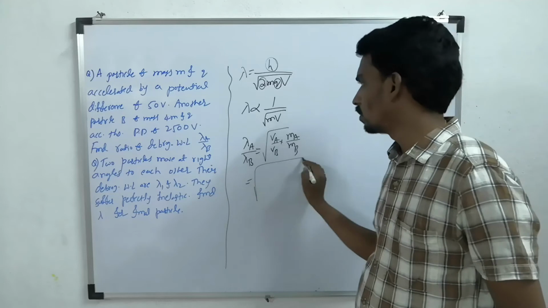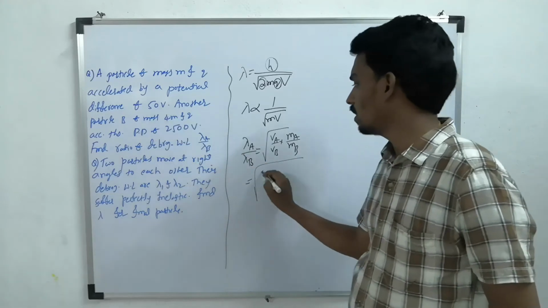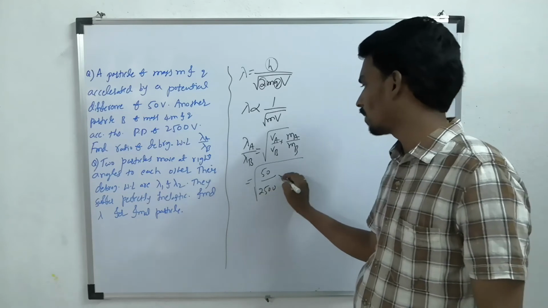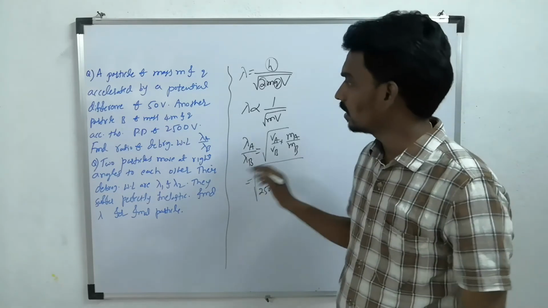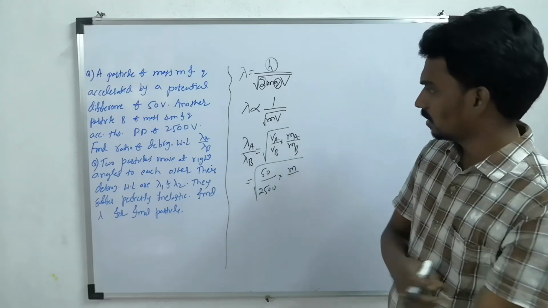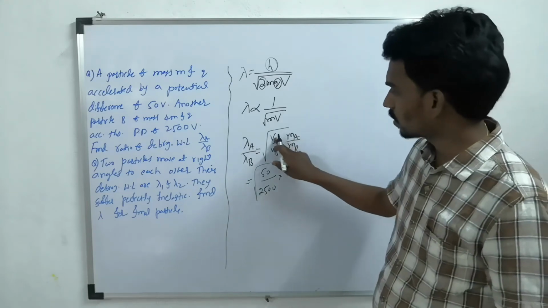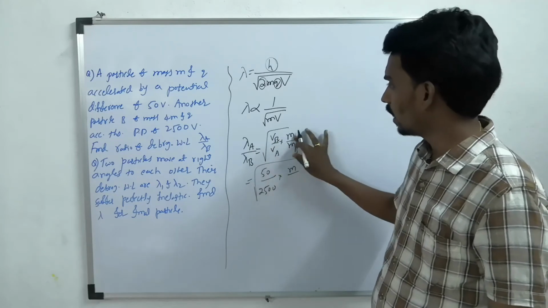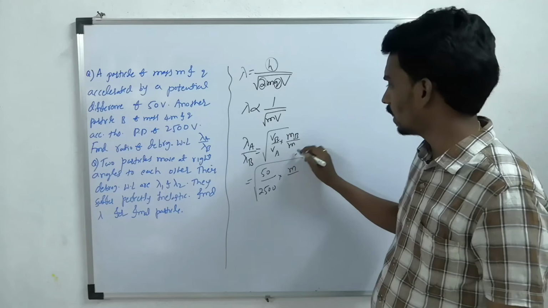VB by VA times MB by MA, since it is inversely proportional. Under root, what is the potential of A? 50. What is the potential of B? 2500.